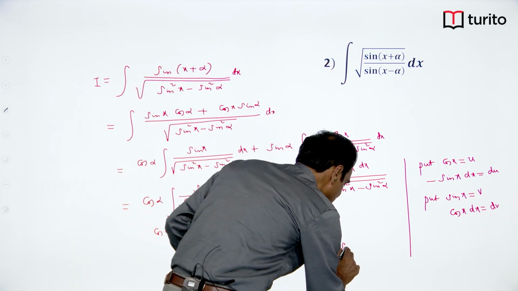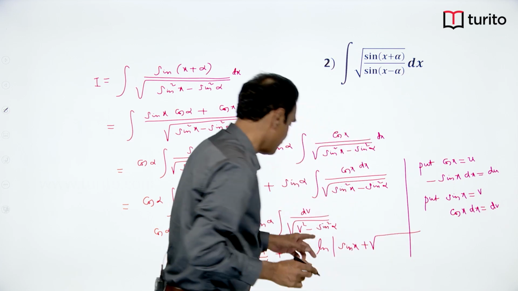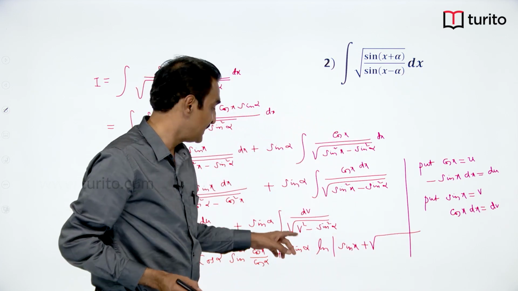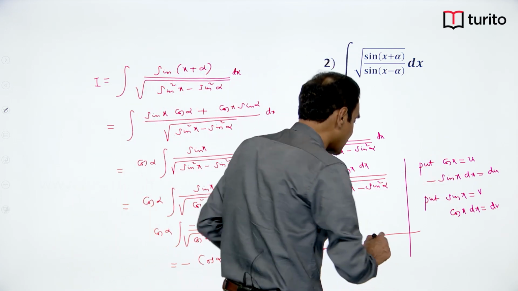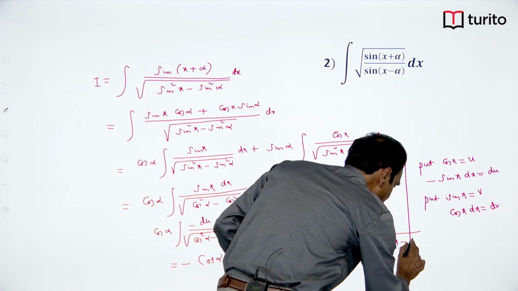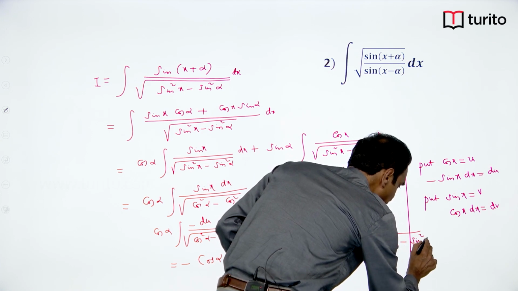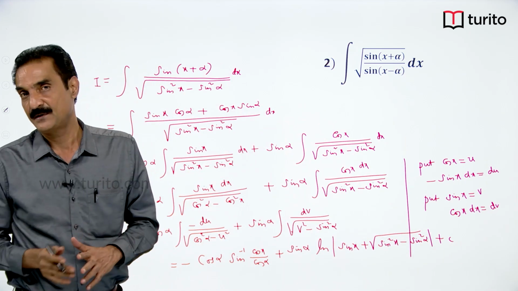So, sin x plus root over x square minus a square, that means root over v square minus sin square alpha, that is sin square x minus sin square alpha. Plus c. This is the final answer. Okay.